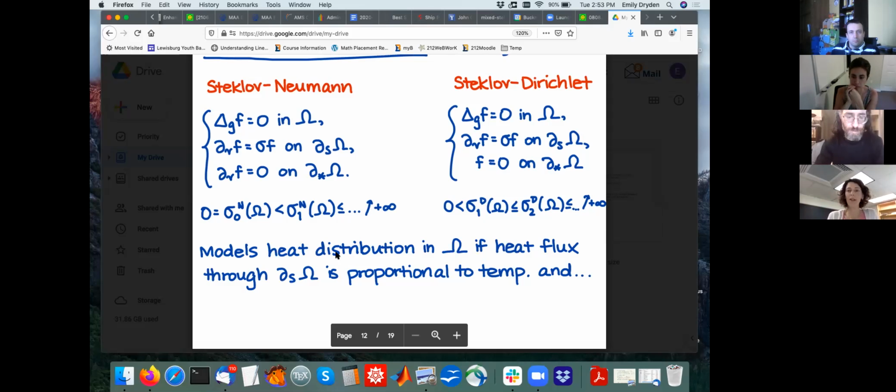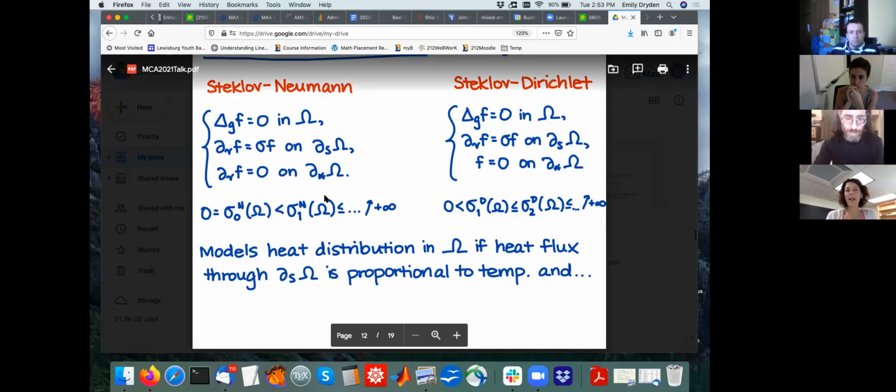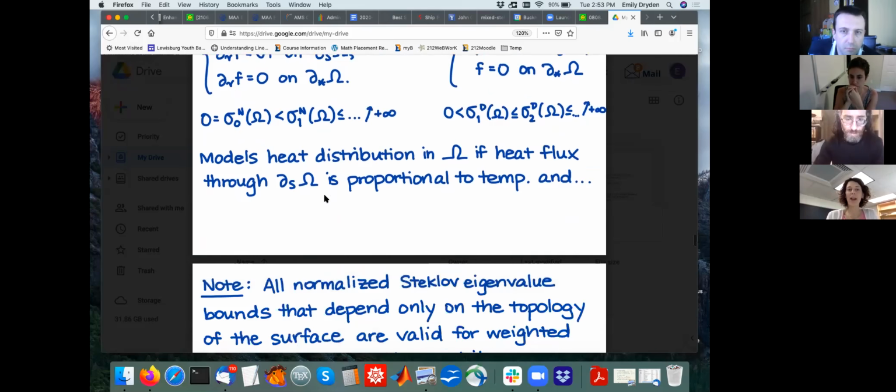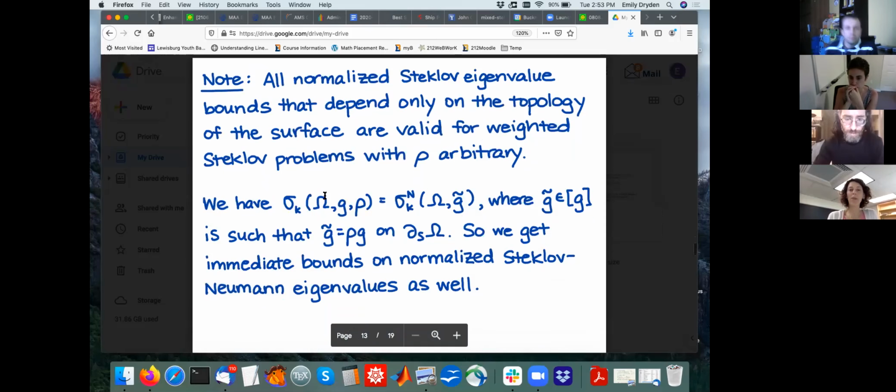All right, so as I said, Steklov-Neumann is really a special case of that general weighted problem. So what that means is that we can really think of these bounds that we were getting in the general weighted problem as immediate bounds on normalized Steklov-Neumann eigenvalues as well.